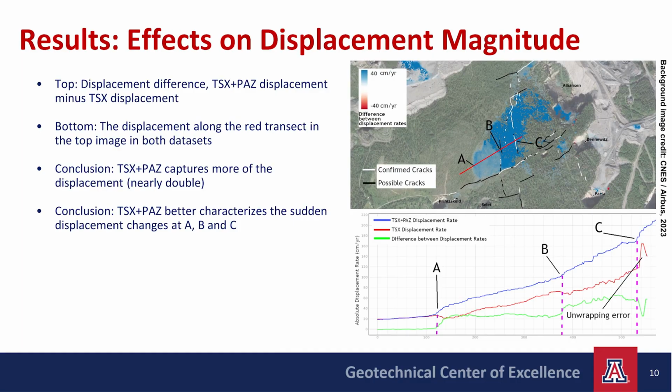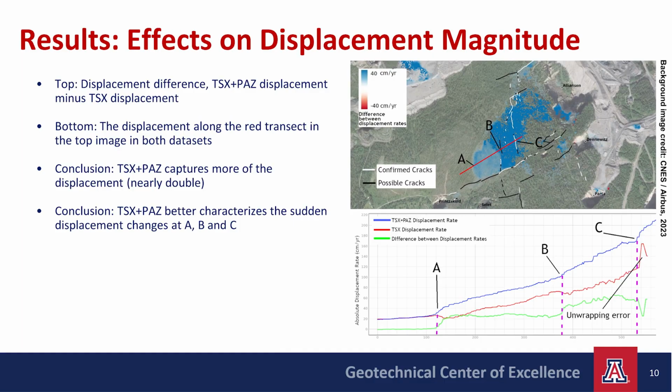If we plot that profile for both of those displacement rates, we can see that the blue line, which is TSX plus PAS, is almost double that of the TSX alone in red. And the green on the bottom is the difference between the two. And I've marked 3 areas, A, B, and C, because these are inflection points in this transect.